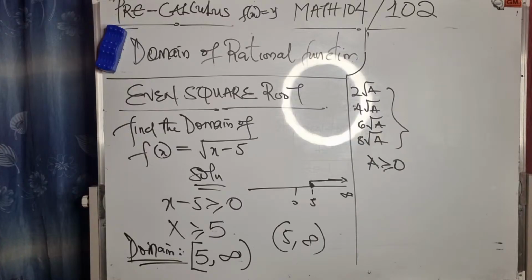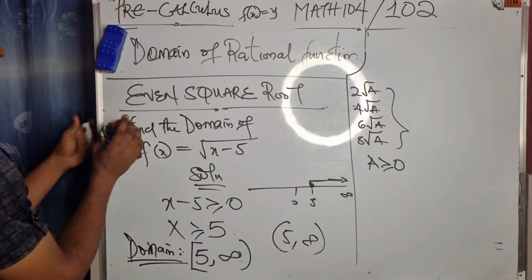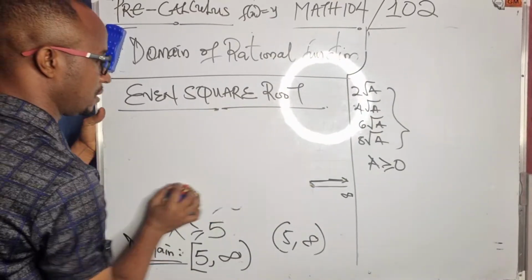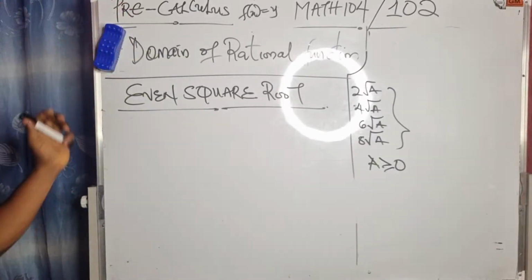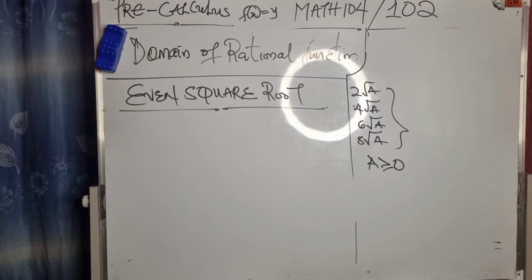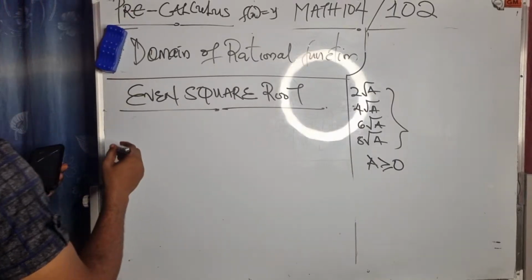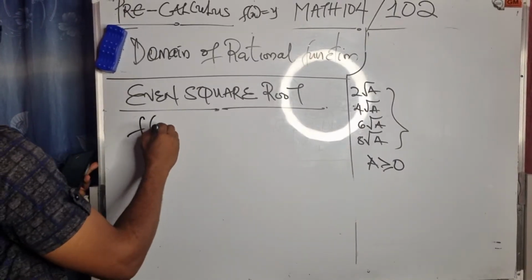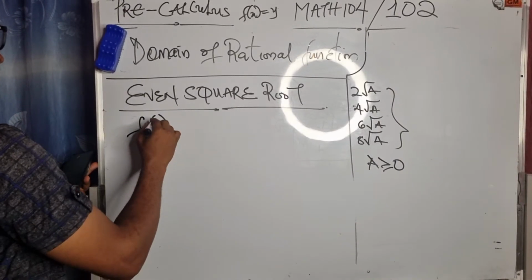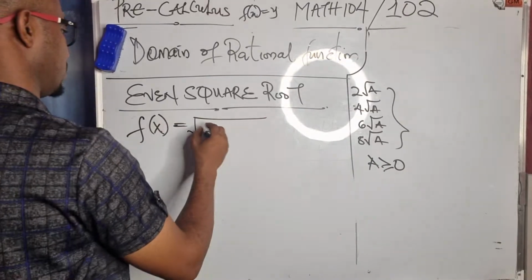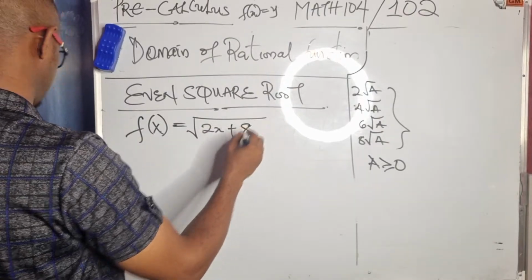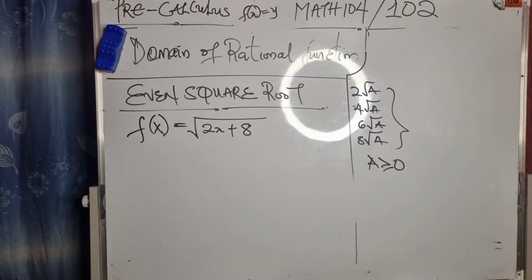Let's see another example. If we are given f of x equals the square root of 2x plus 8, we have to find the domain of this.